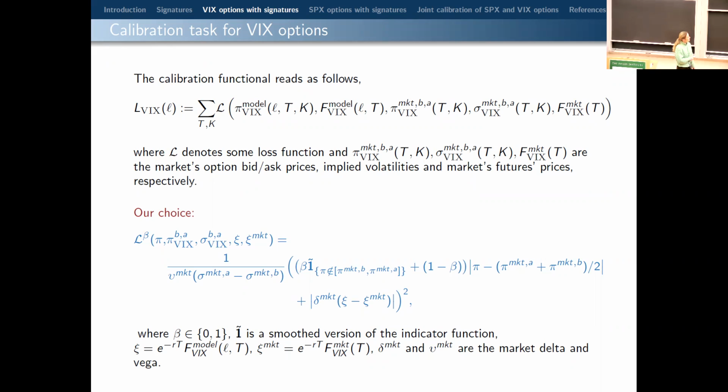If it is 0, then we just take the model price. If it is 1, then this vanishes, and we only care about whether we are in the bid-ask spread or not. And here we have a so-called Vega weighting. These are the Vegas, and in fact, this choice of the loss function comes from a Taylor expansion of the Black-Scholes price in terms of the Vega and the delta. So this is the reason behind this.